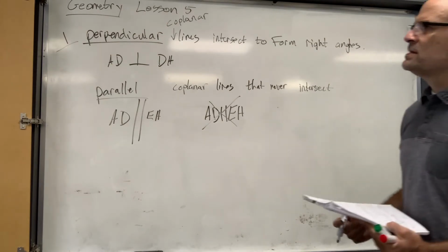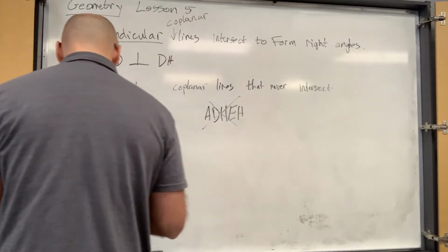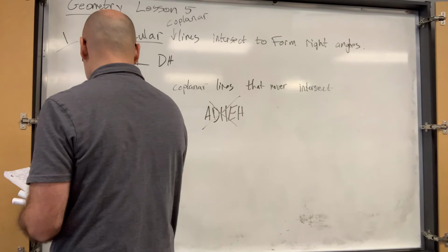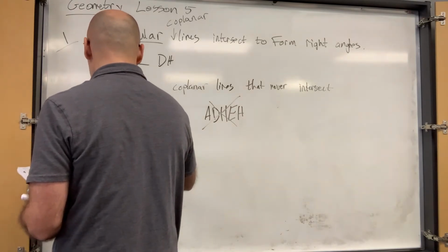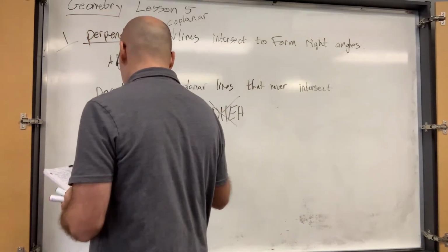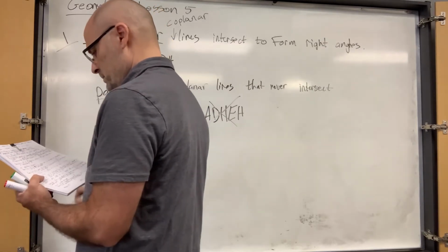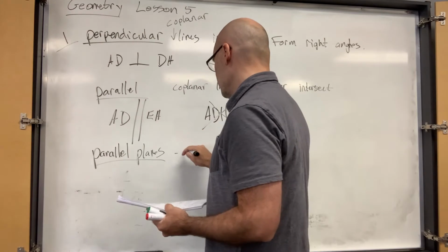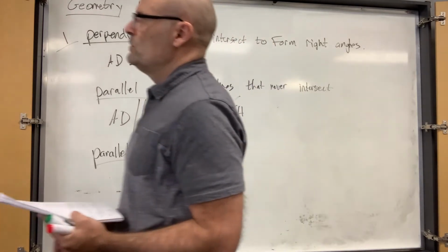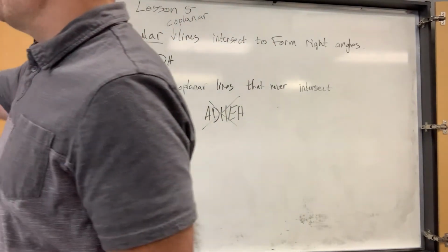Now, there's also such a thing as parallel planes. In this cube, can you tell me two parallel planes? AEH and BCG. Good job with 3 letters.